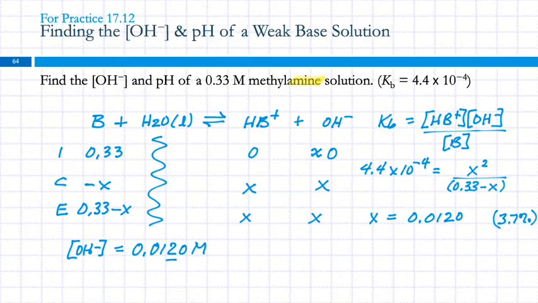And then the pH. Whether it's an acid solution or a base solution, we almost always talk about pH rather than pOH. So we're going to do a lot of this hydroxide ion concentration to pH. So what I'm doing is I'm finding the pOH. It's a negative log of 0.012.